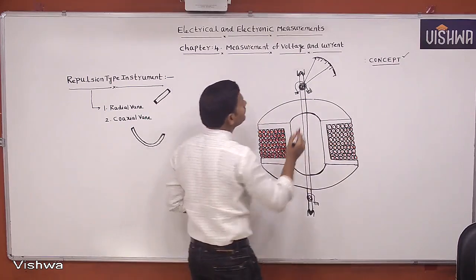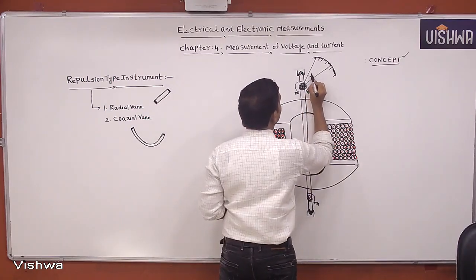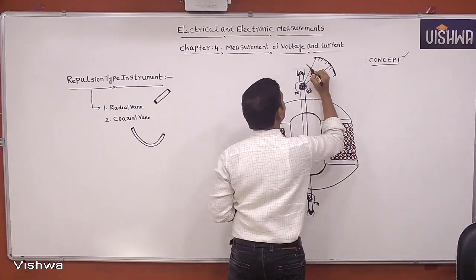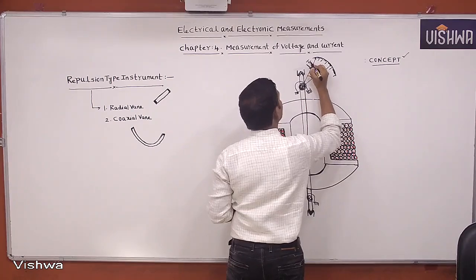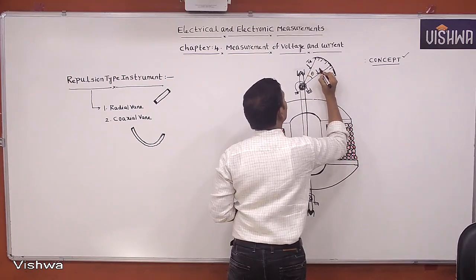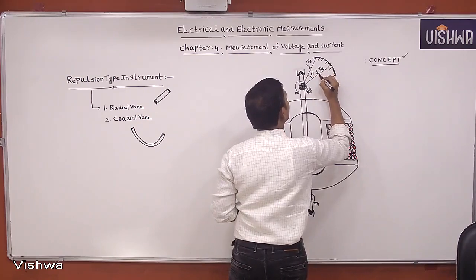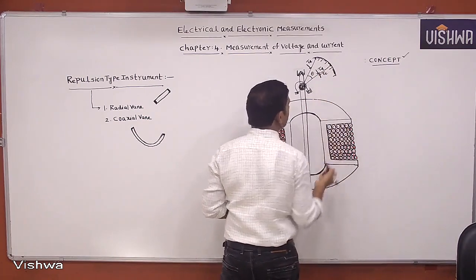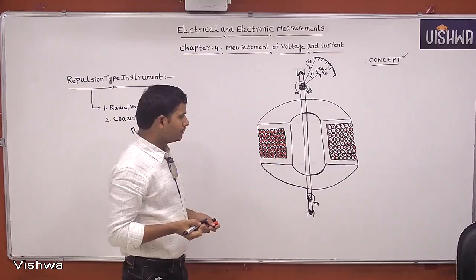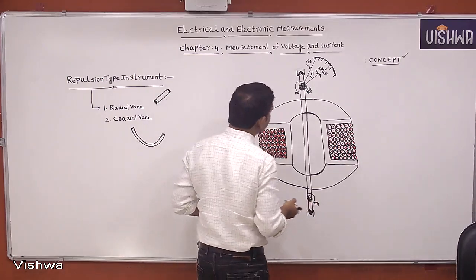This is theta deflection. When our deflecting torque equals the controlling torque, the pointer comes to a steady state.